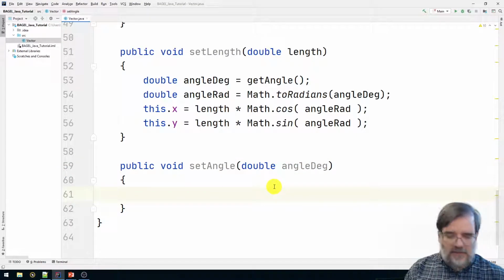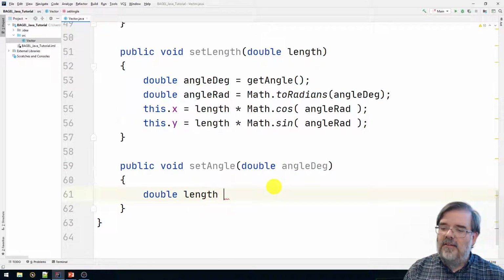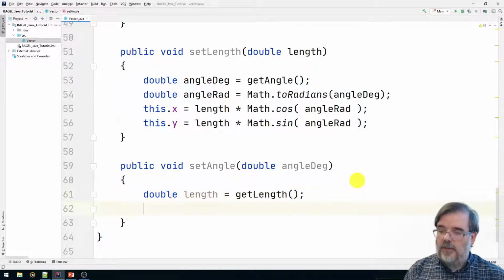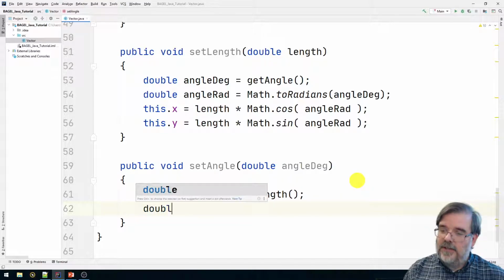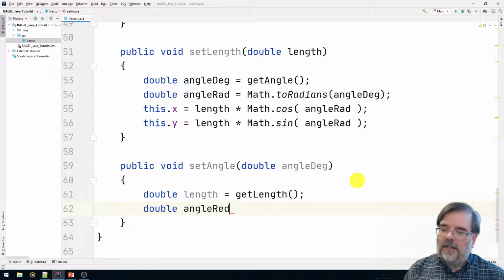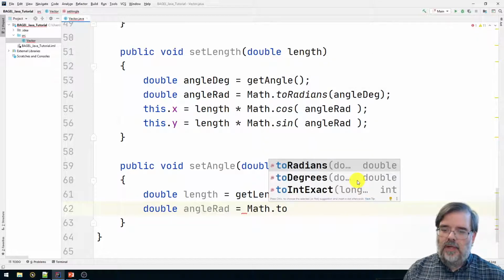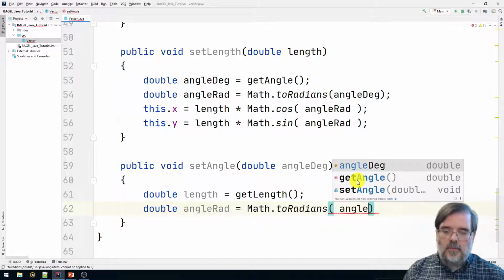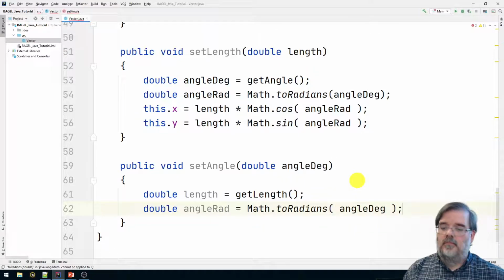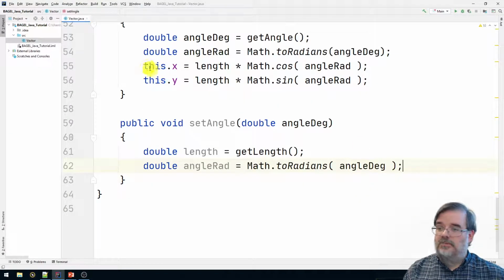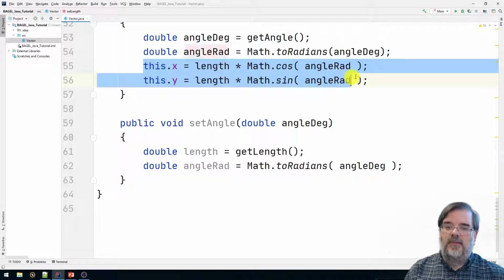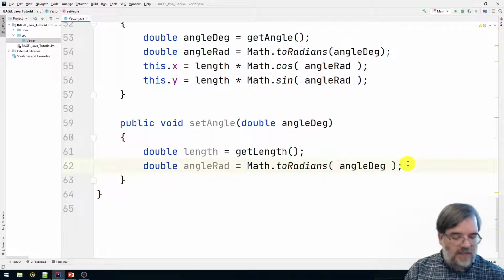So let's see, double length is equal to get length. That's not going to change. And double angleRad is equal to math.toRadians of the angle. All right, and then we're going to use precisely the same formulas we did before, and just copy and paste those down here.